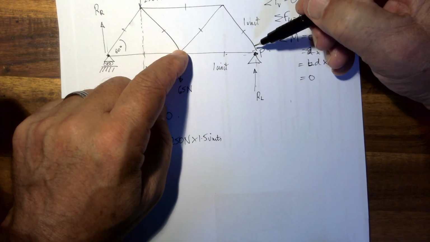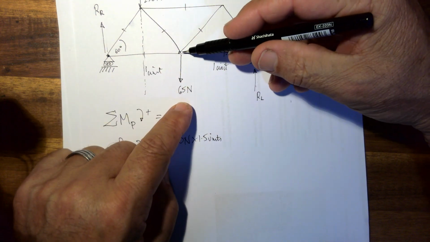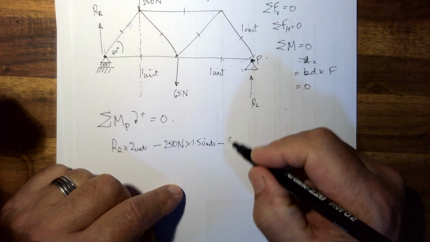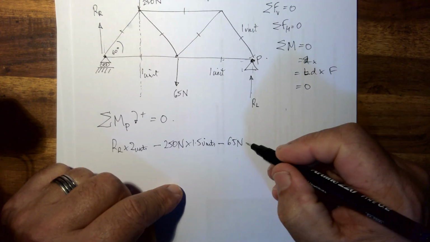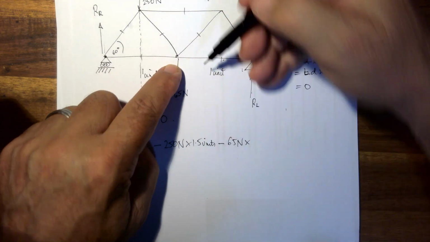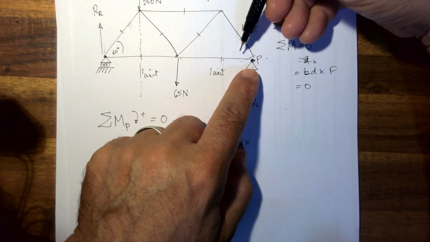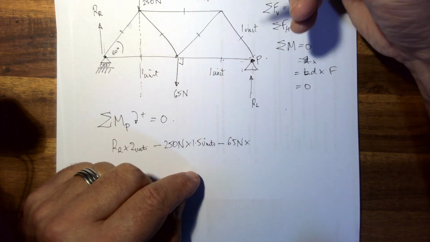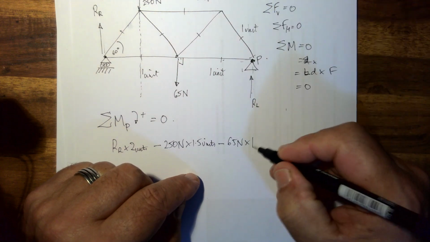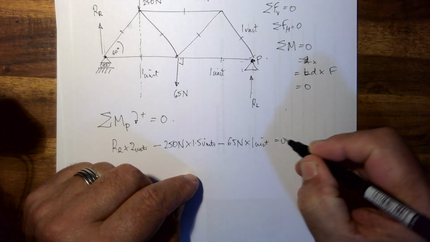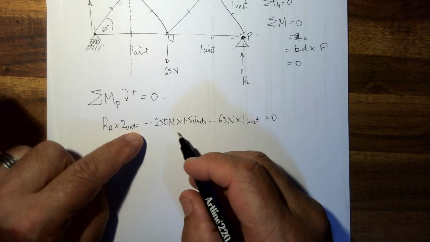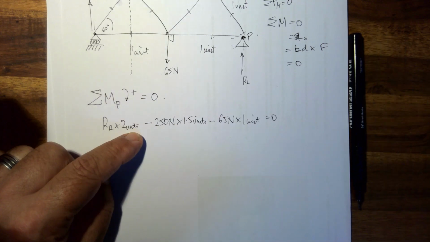Any other forces? Yeah, we've got this 65 newton force. So it's still negative because it's going anti-clockwise, minus 65 newtons, multiplied by its perpendicular distance from the pivot point, and that's an easy 1 unit, and it is perpendicular because that's a perpendicular there, times 1 unit, all has to equal 0. Okay, well that's a quick calculation there.